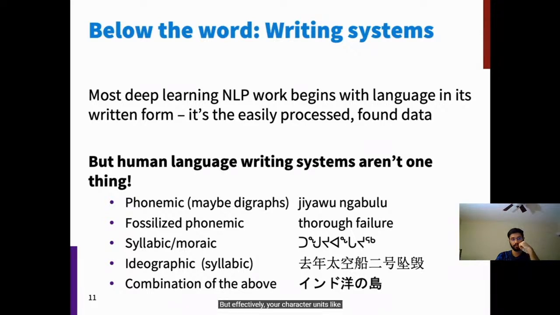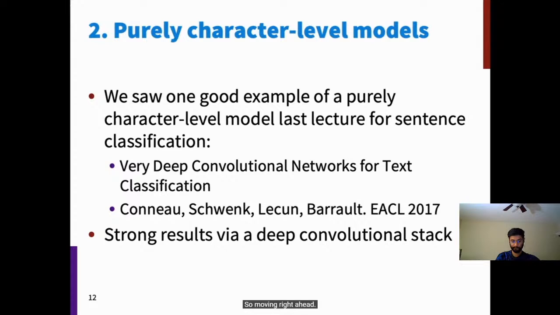But effectively your character units like letter trigrams are very different in a language like Chinese, where commonly a letter trigram will be a word and a half, 3 morphemes with meaning, whereas in English your character trigram will be something like THO, which is still much too small a unit to have any meaning.